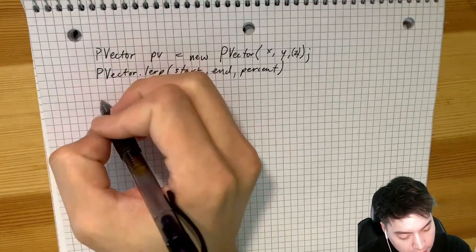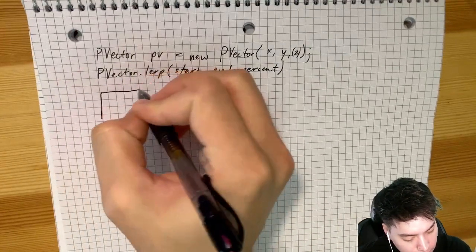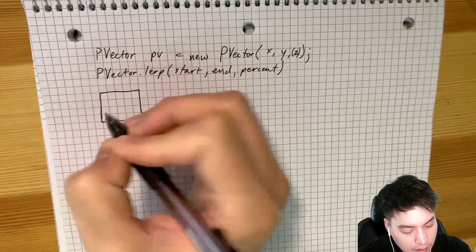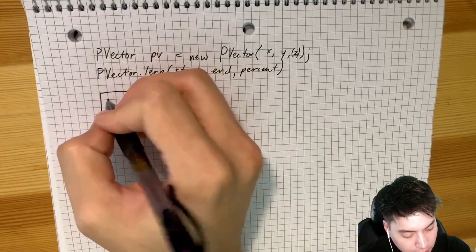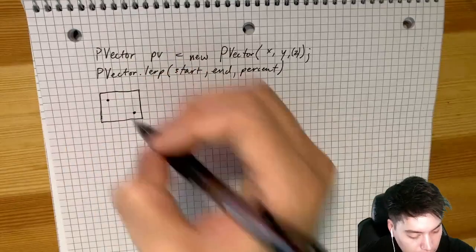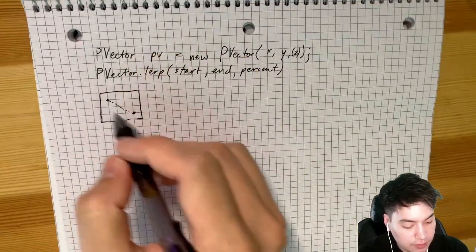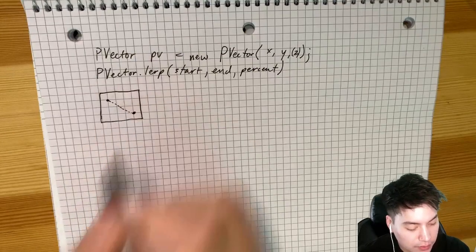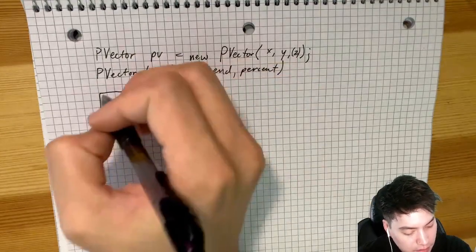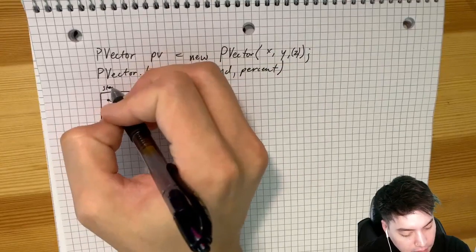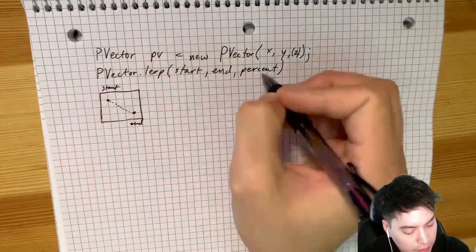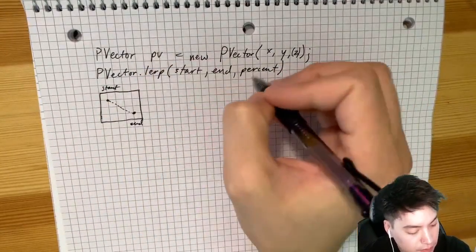So if I've got a little screen here, and my first vector is over here, and my second one is over here, right? Somewhere along this line, there's a bunch of different vectors, a bunch of different points, x and y coordinates, right? So if I'm saying start and end, and my percent, this value goes between 0 and 1.